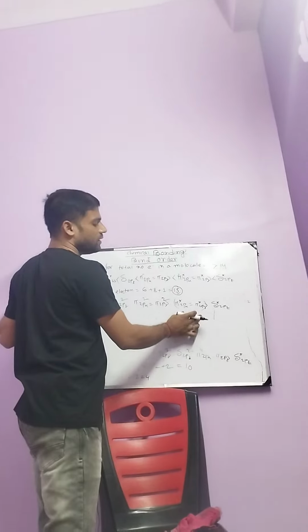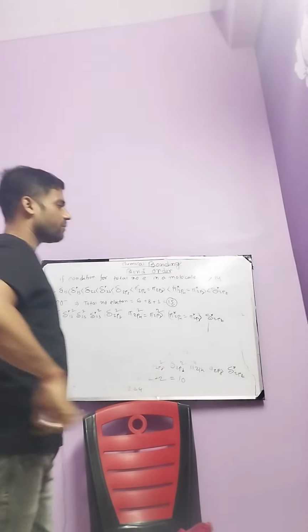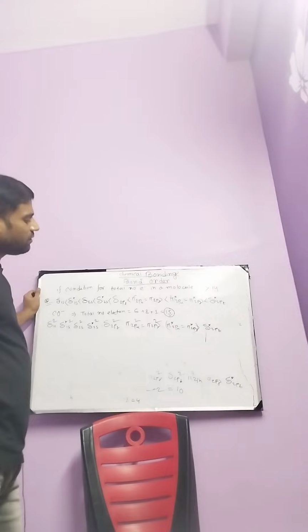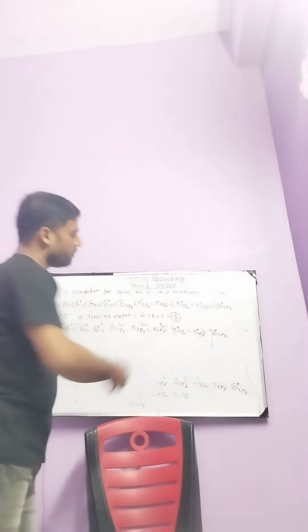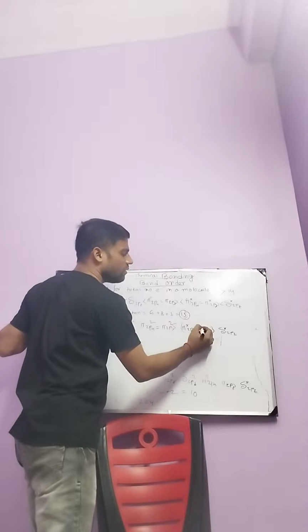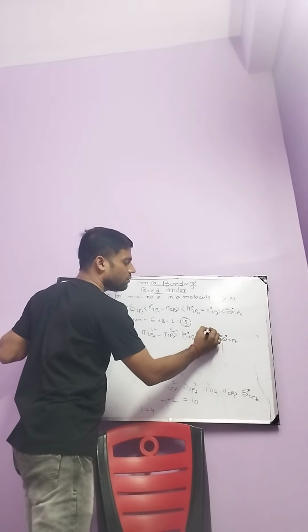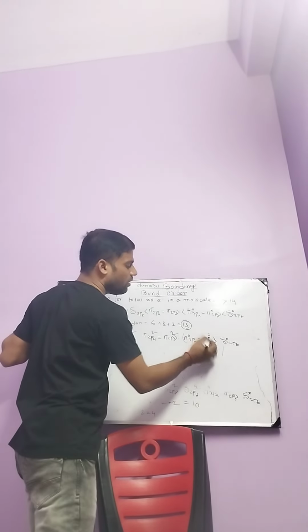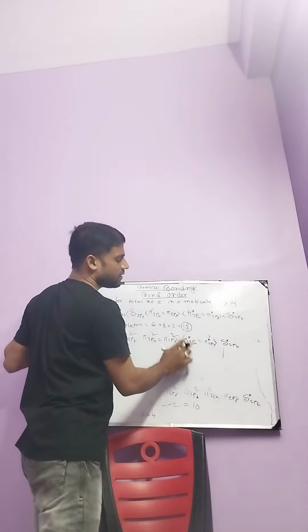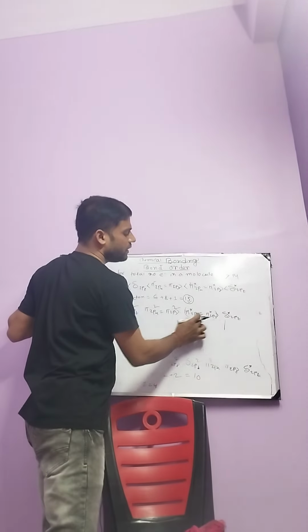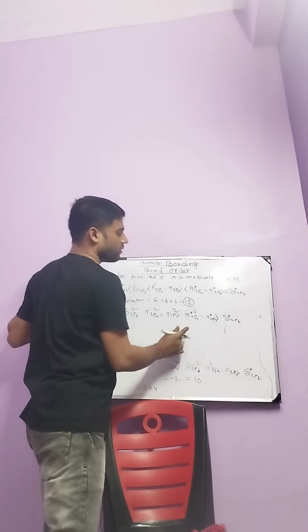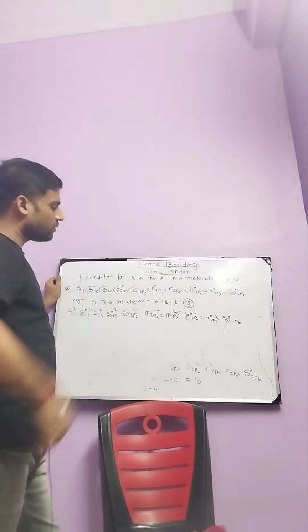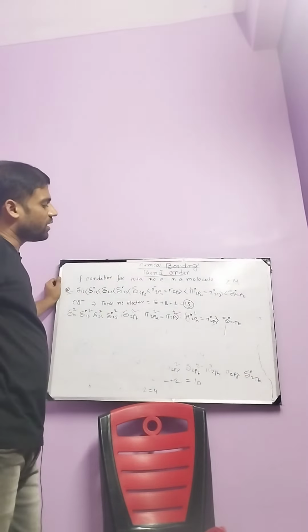The remaining 1 electron can occupy either pi star 2px or pi star 2py. That means in the two orbitals, any one of the molecular orbitals contains 1 electron.